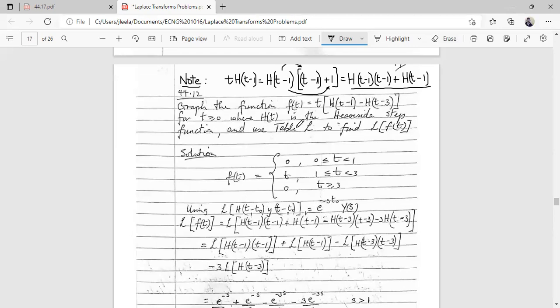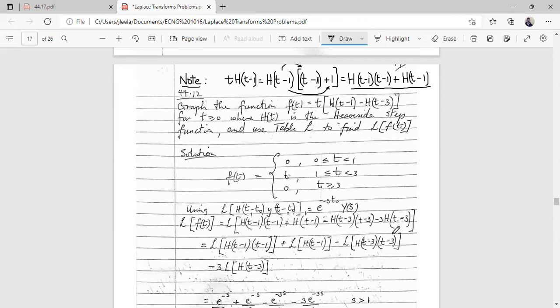Now I want to use my Laplace of the Heaviside rule and expand this. Remember, I already expanded the first part: h at t minus 1 times t minus 1, plus h at t minus 1. And when I expand the second part, with t times h of t minus 3, I get minus h of t minus 3 by t minus 3, minus 3h at t minus 3.